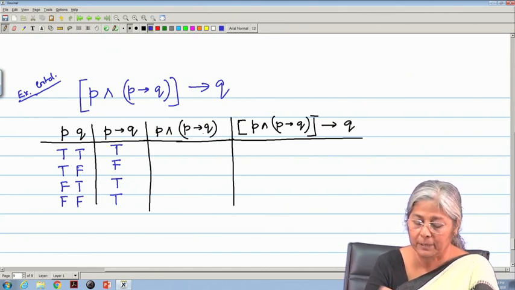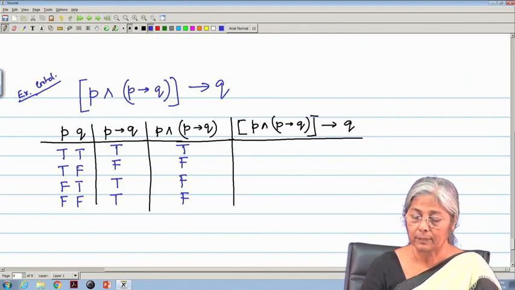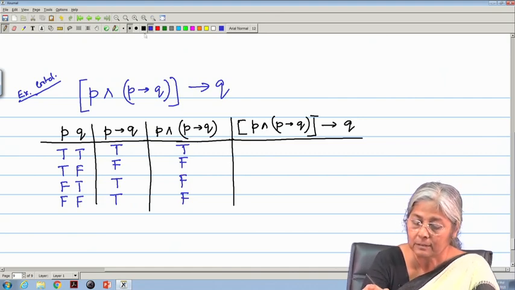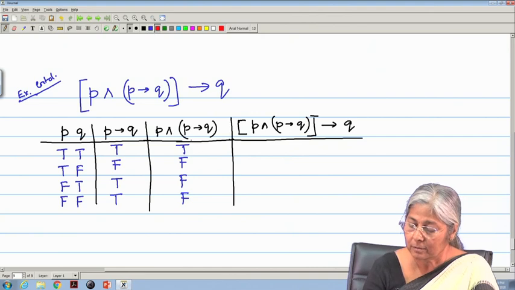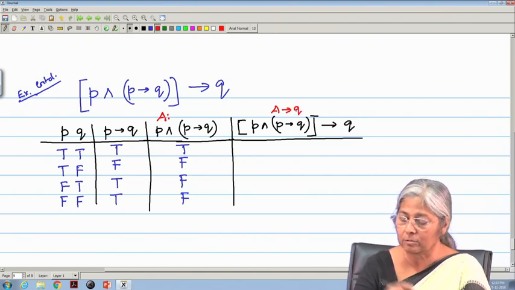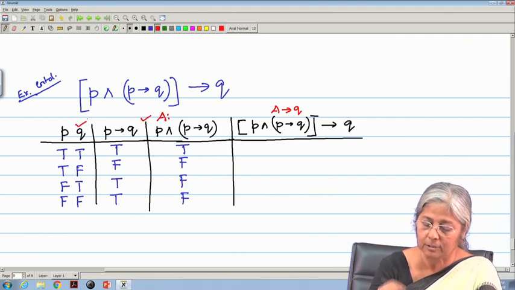Now, p and (p implies q): T and T, this is T; T and F, this is F; F and T, this is F; F and F, this is F. Now, let this be a compound proposition A. That means this gives whether A implies q or not. So, I will check A and I will check q.